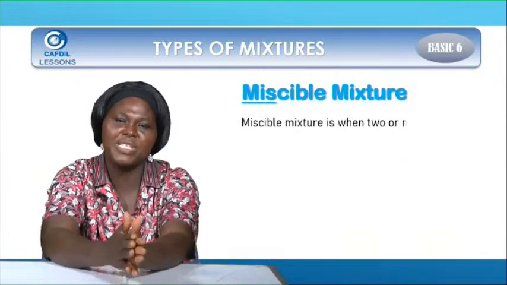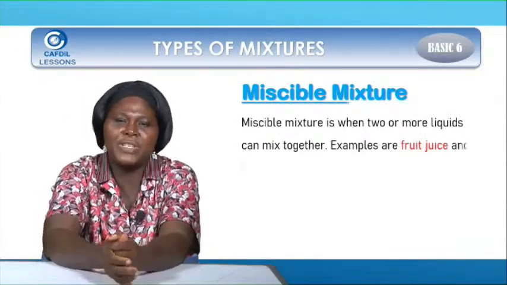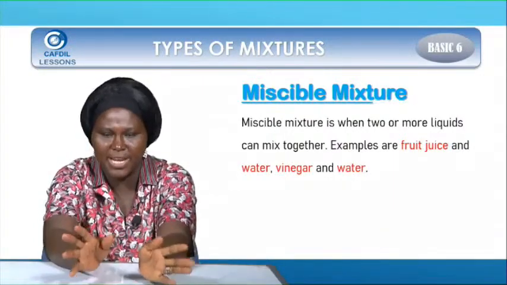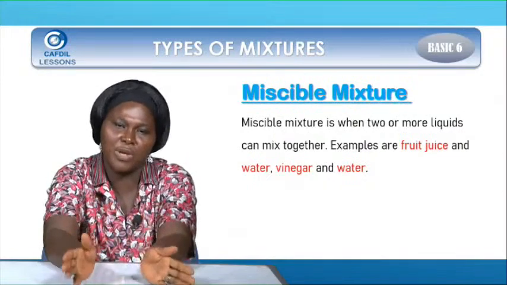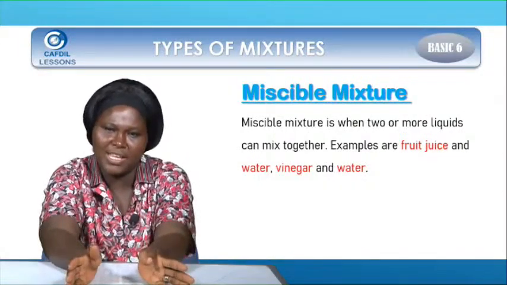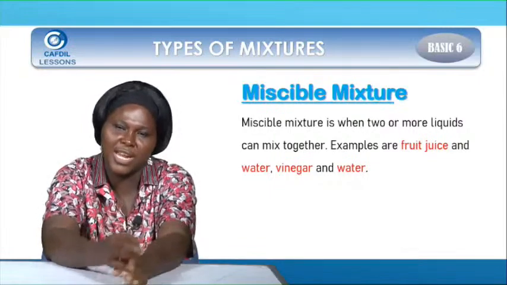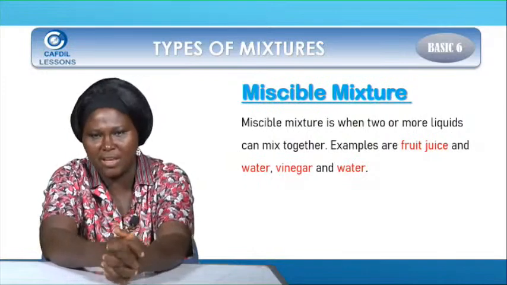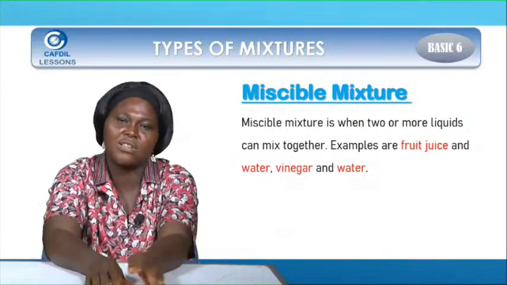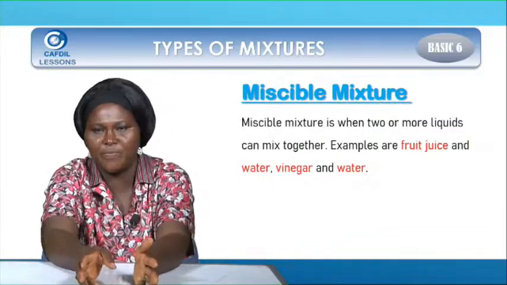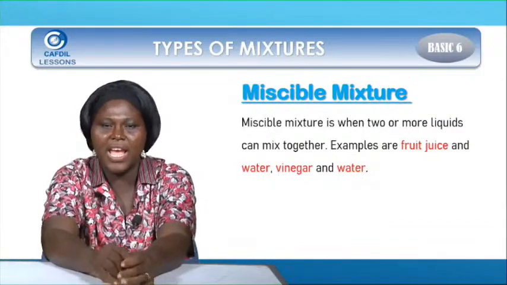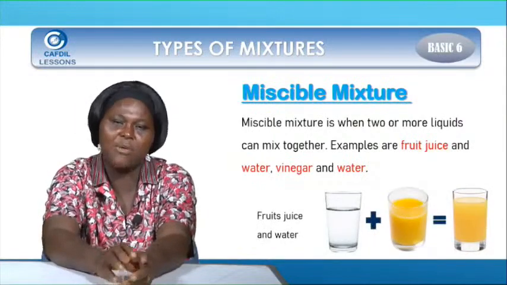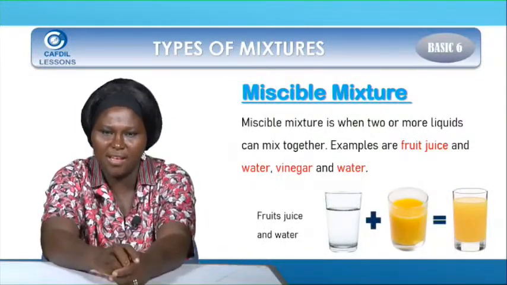What do we mean by miscible mixture? Miscible mixture is when two or more liquids can mix together. When you put two liquids together and they mix completely, it is called miscible mixture. Examples are fruit juice and water, and vinegar and water.